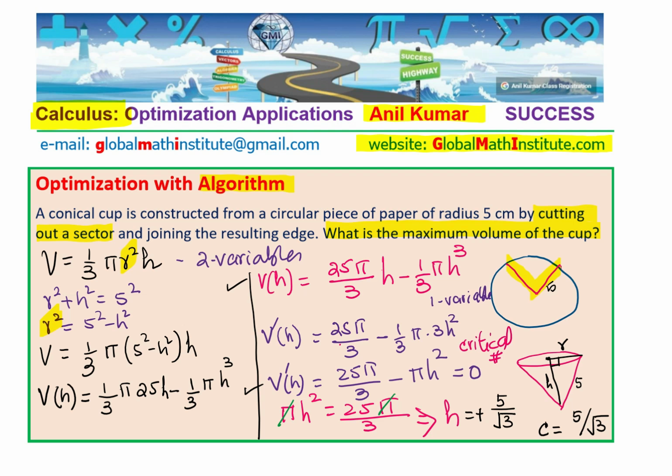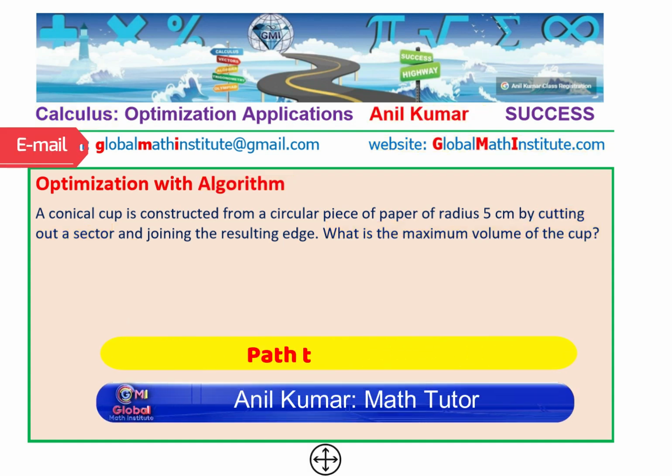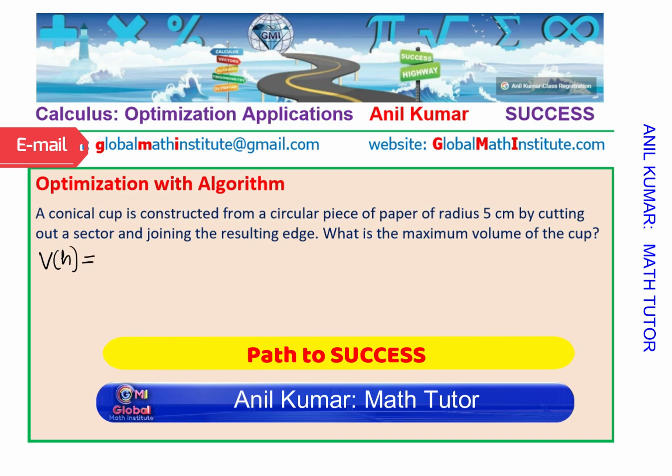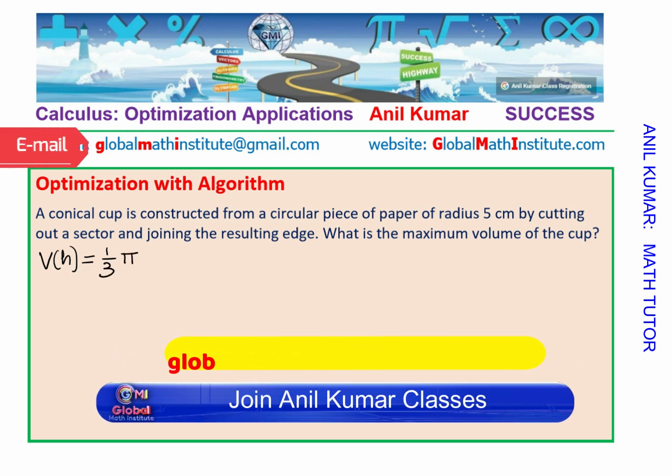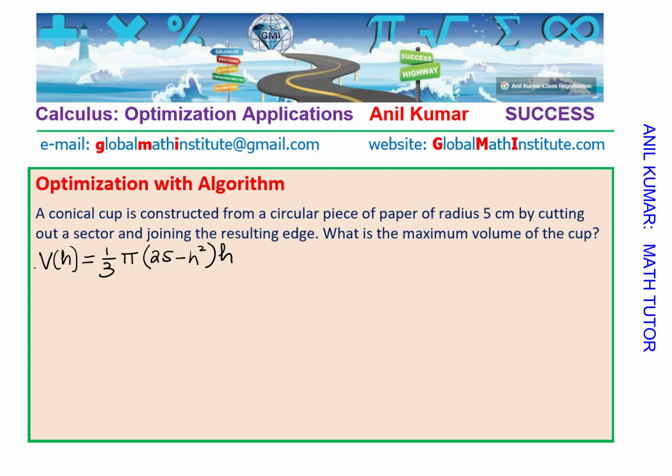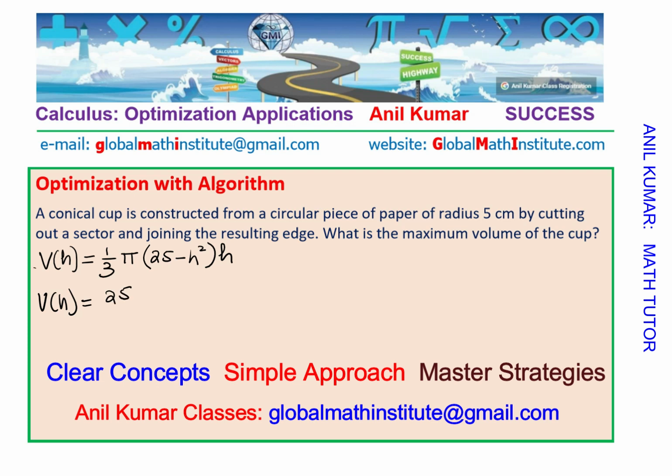Okay, great. So let me write down all the three expressions. So we have volume in h equal to, as we did, 1/3 pi r square. R square was 5 square minus h square, times h, correct? So this was our expression. So I'm just redoing all the things. So the volume expression which we got when we open this up is 25 pi h by 3, correct?